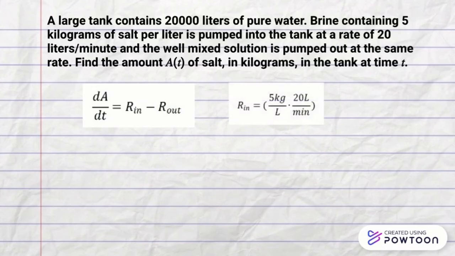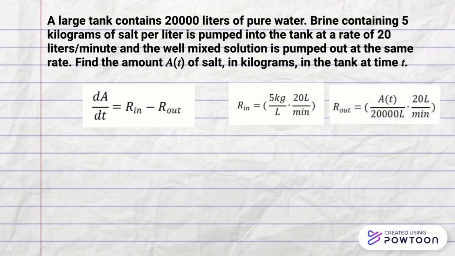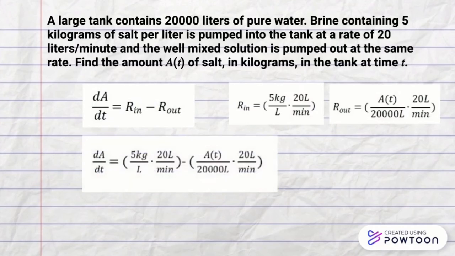To find R in, we calculate 5 kg per liter times the rate, which is 20 liters per minute. To find R out, we calculate A per 20,000 liters times 20 liters per minute. Then we calculate R in minus R out.